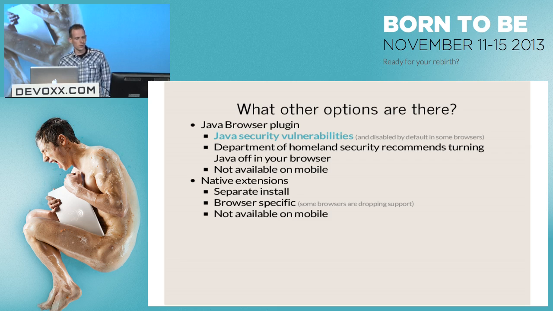Also, in the US, the Department of Homeland Security recommended turning off Java in your browsers. And almost everybody now has a mobile device, and on mobile devices you're not able to run a Java applet in a web browser, so that's also not an option.